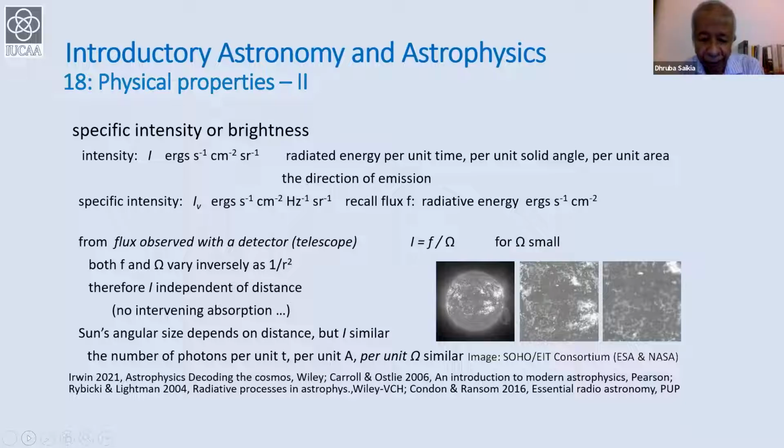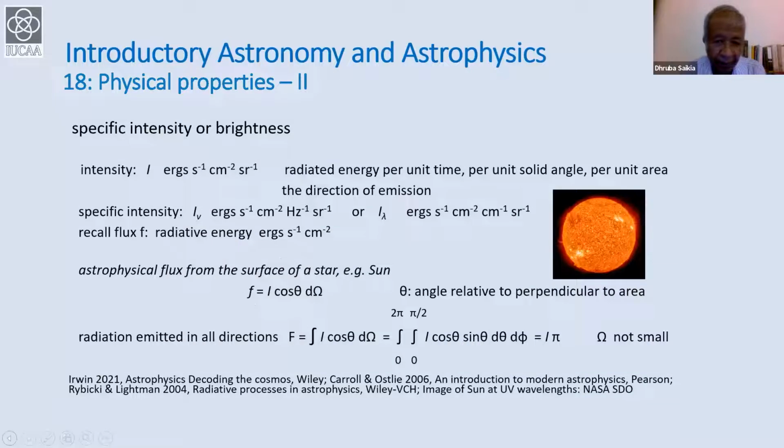When you go closer, the angle which it subtends will change. But if you look at it as the emission per steradian, then you'll find that the brightness will remain the same. That is, it is independent of distance. That is an important concept to keep in mind.